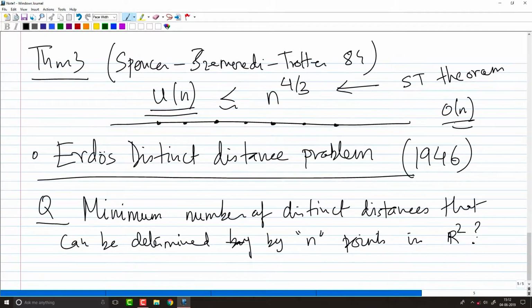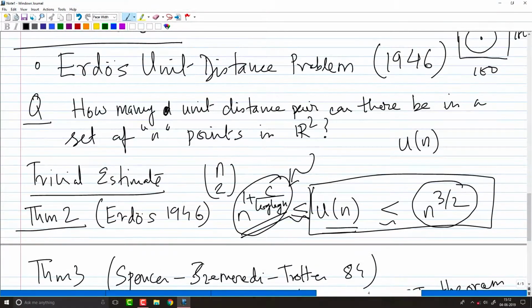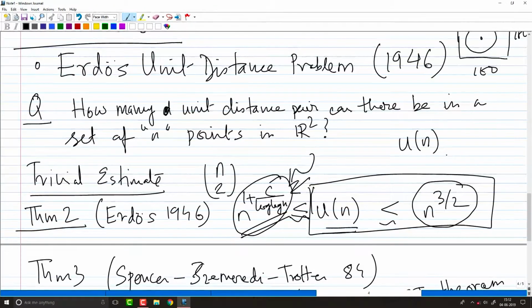The other side of the bound, if you see, is actually better than this. This is asymptotically better than that, by the way. Let's look at this term slightly closely. What it says is it is n times 2 to the power c log n by log log n, right?